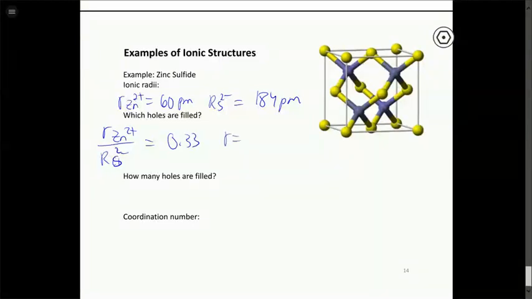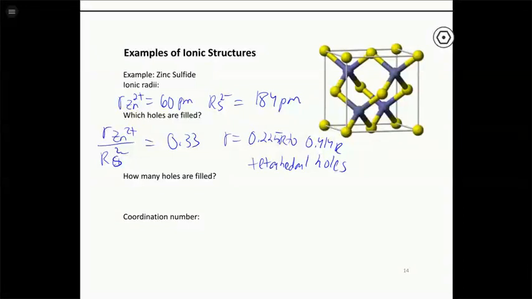And remember, if the ratio is between 0.225 and 0.414, that's going to give us tetrahedral holes that are filled. So in this case, the ratio lies between these two limiting values, so it's going to fill the tetrahedral holes. Now, I would figure out how many of them are filled.